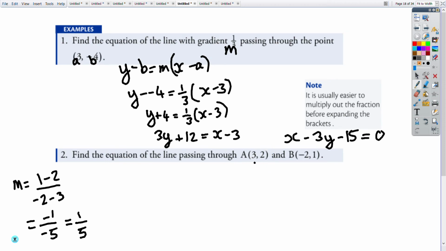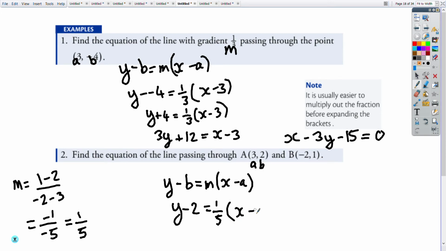So our gradient is a fifth. I'm going to call this A and this B. You could have called that A and that B. It doesn't actually matter. So it's y minus b equals m(x minus a). Y minus 2 equals 1/5 (x minus 3). So we're going to multiply by 5.